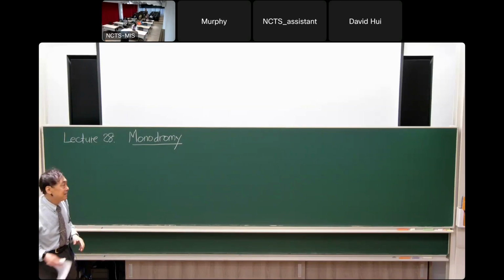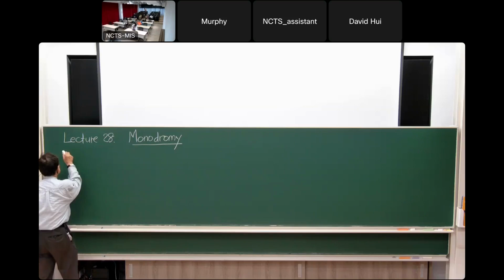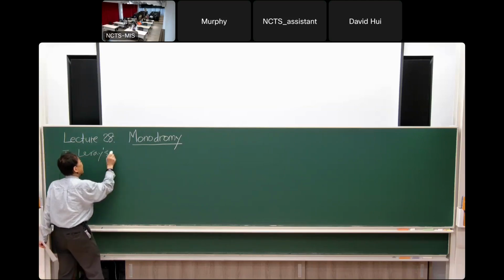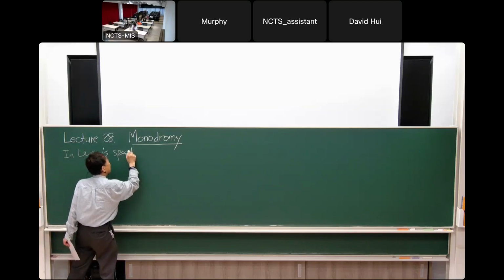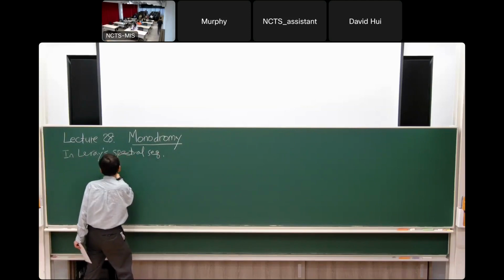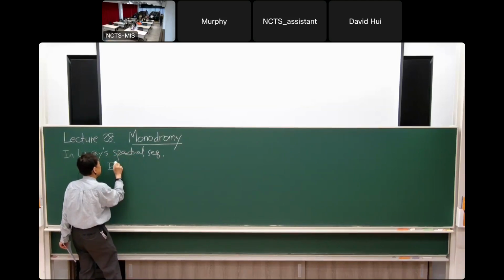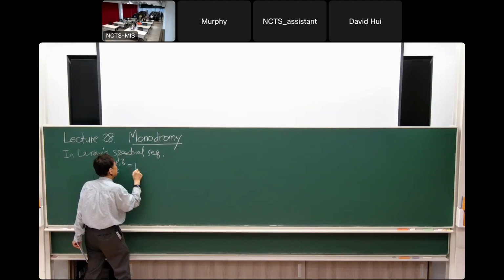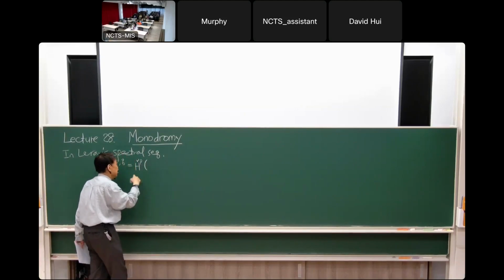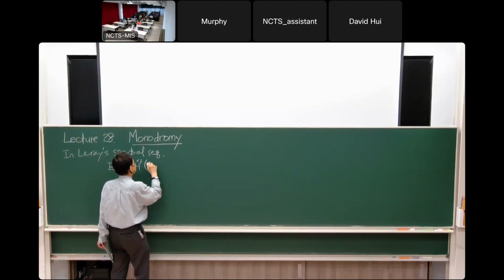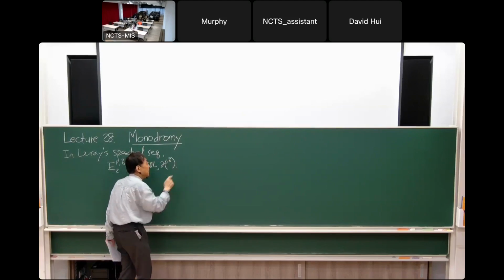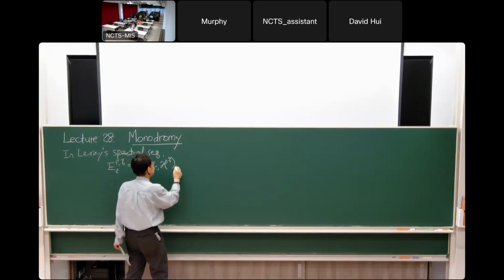So in the Leray spectral sequence, the E2 term is the Čech cohomology H^p of an open cover with coefficients in H^q.